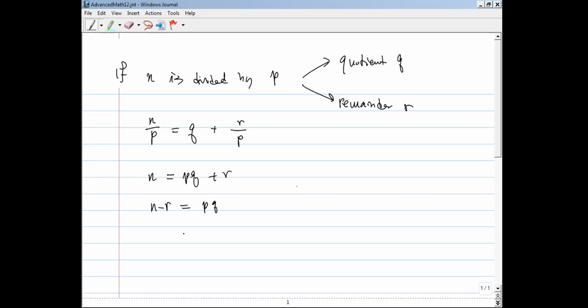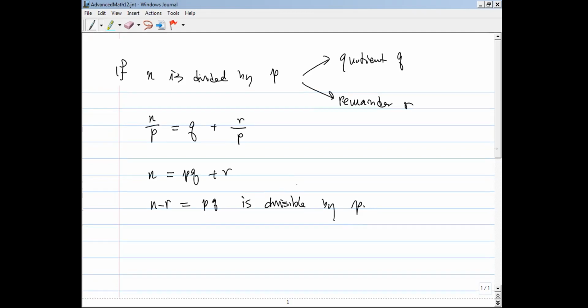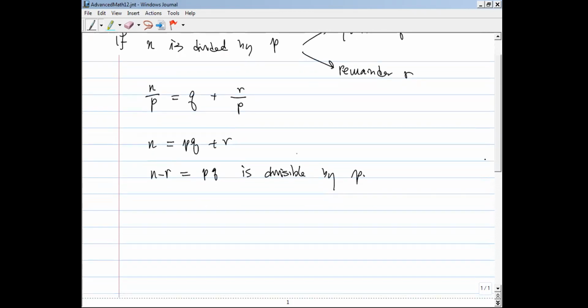Now what I conclude is that the integer minus the remainder is going to be divisible by p. So whatever remainder you give me, if I subtract the remainder from my original number, then the number is going to become divisible by p.